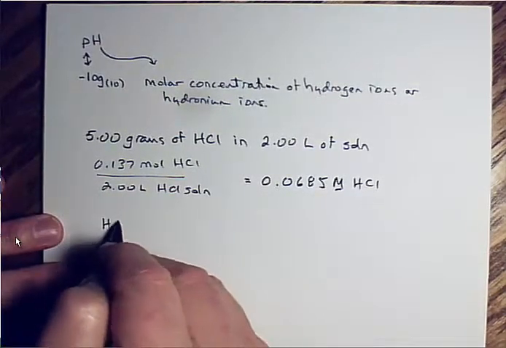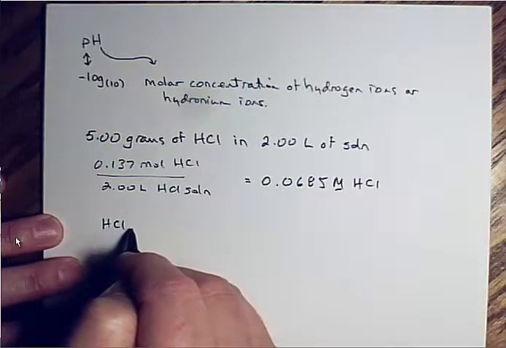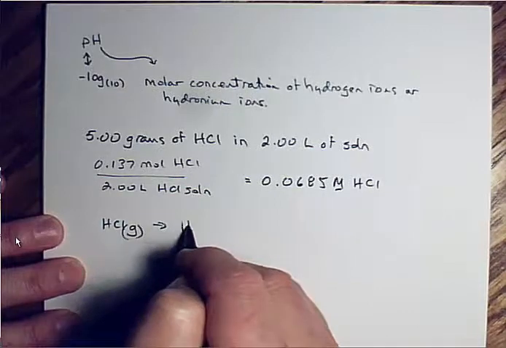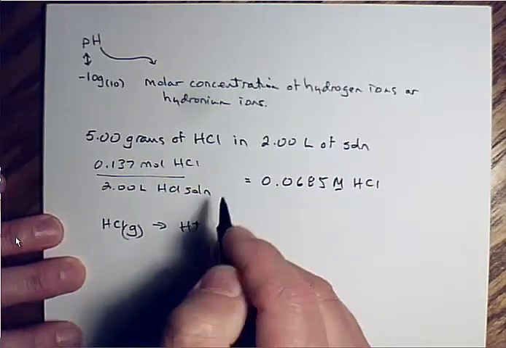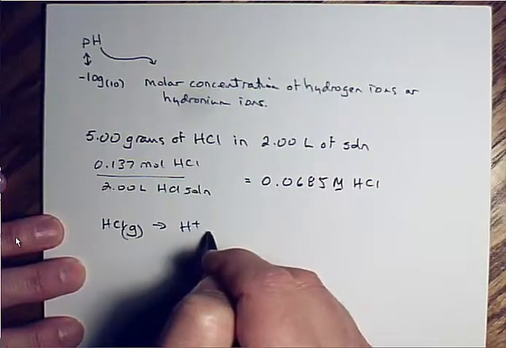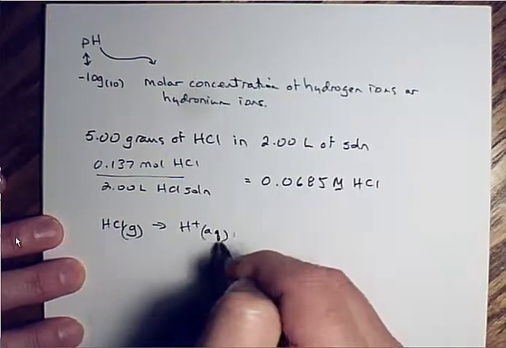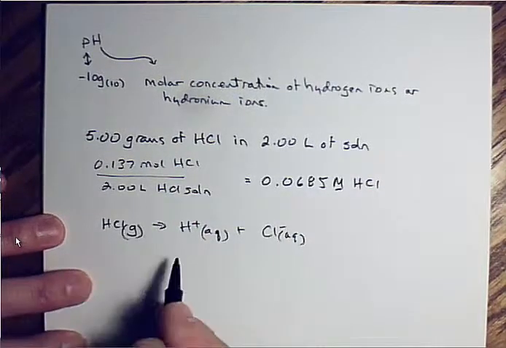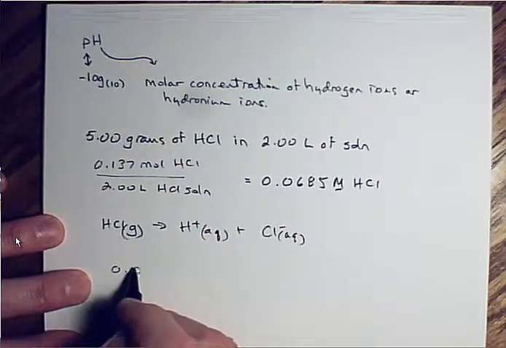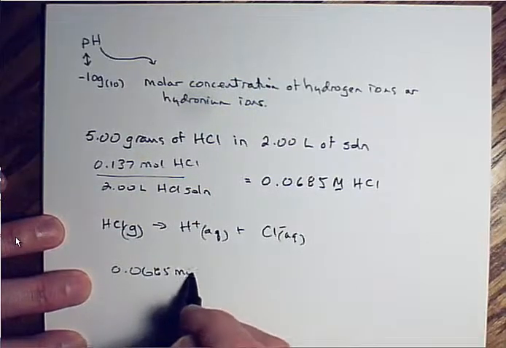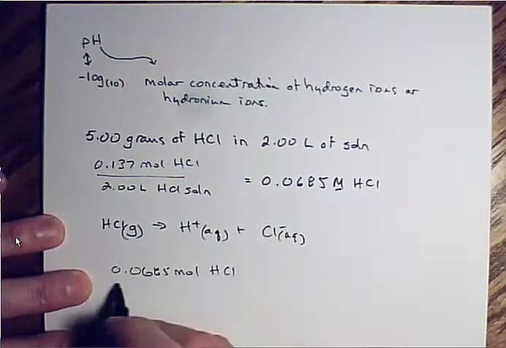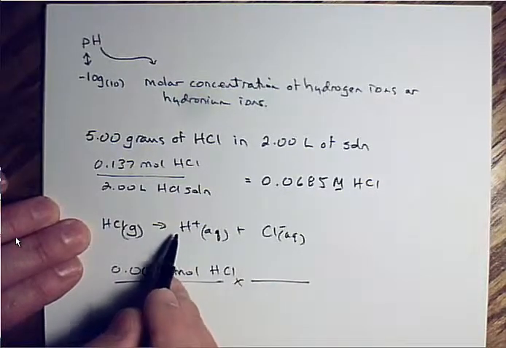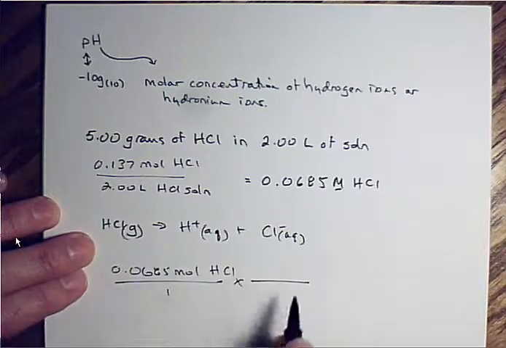And because every time you put one HCl in water, you get one hydrogen ion. So let's see, that's aqueous, and the chlorine is aqueous. All right. So let's see, 0.0685 moles of HCl, and one of these produces one of those.